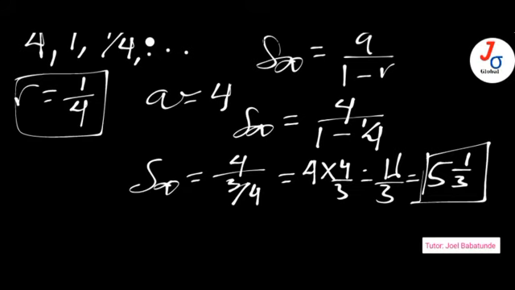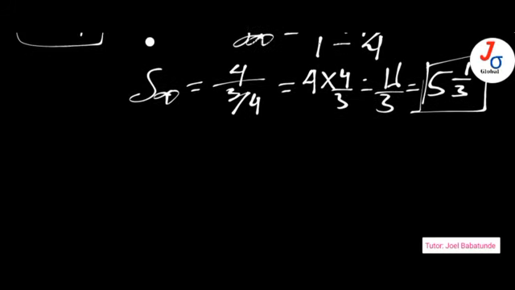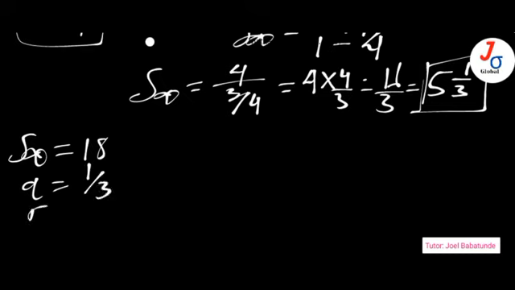Let's take another example, and that's going to be the last example for this series. Let's say the sum to infinity, S infinity, equals 18, and the first term A equals 1 over 3. Find the common ratio. How do you do this?